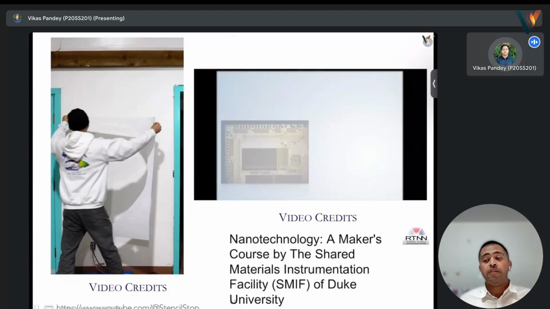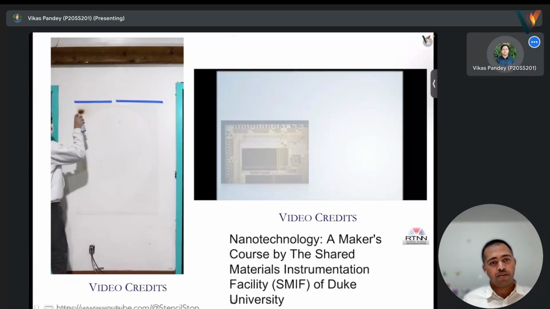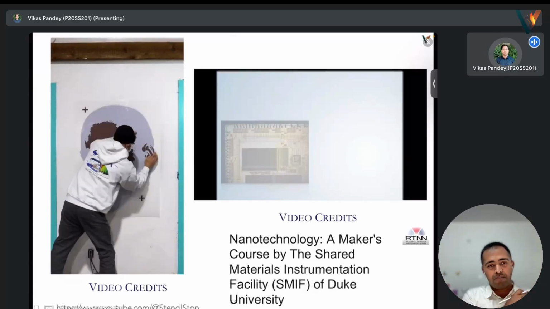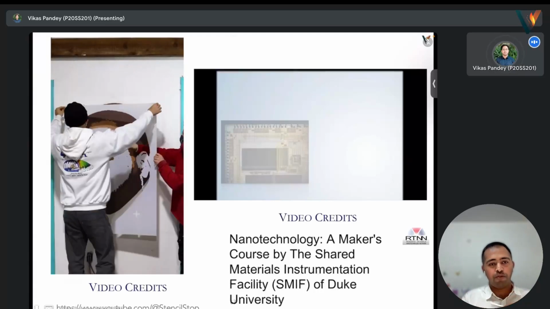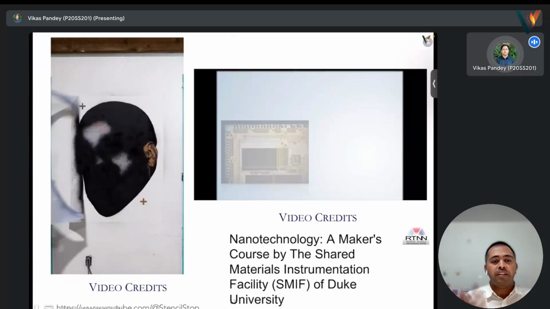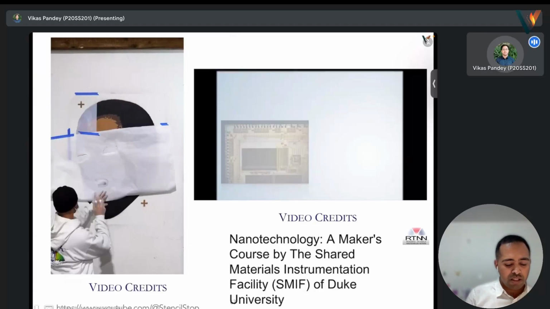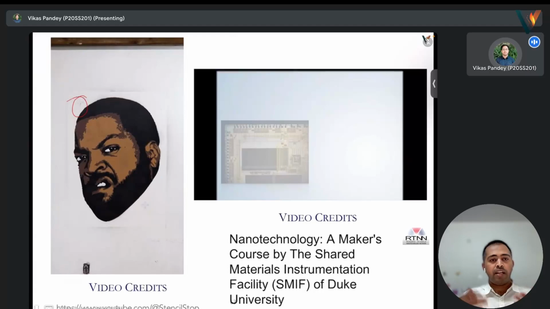Now we will see what lithography is, one of the very important processes in microfabrication. To understand lithography, see this small video where one mask is kept, paint is applied, then another mask, paint is applied, removed. You see different patterns one above another, and in all these cases there is a plus mark that is being used again and again.